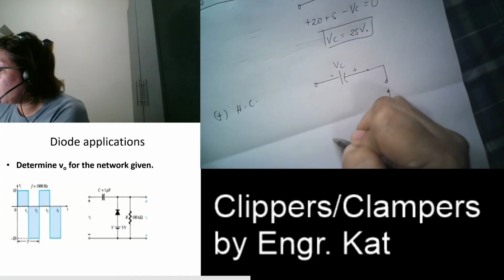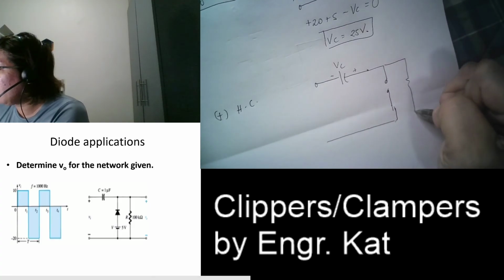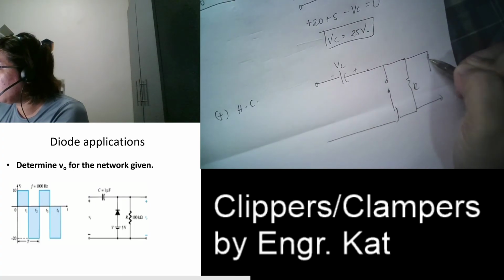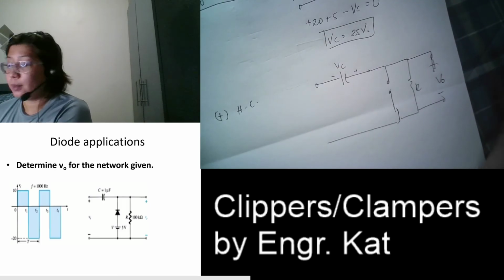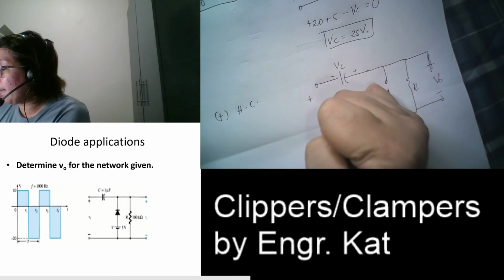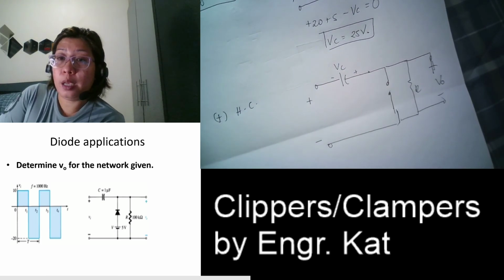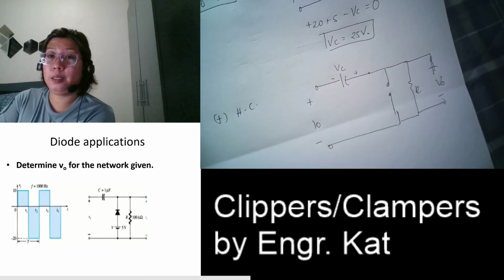So therefore, we don't have the effect of the 5 volts anymore. But we have here your R and we have here your output voltage plus minus VO like that. What is our input source? This is plus minus 10 like this.